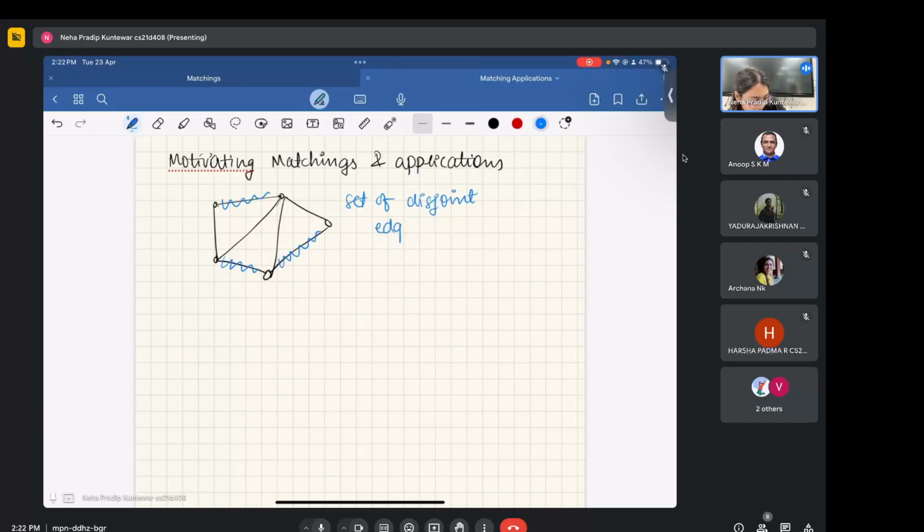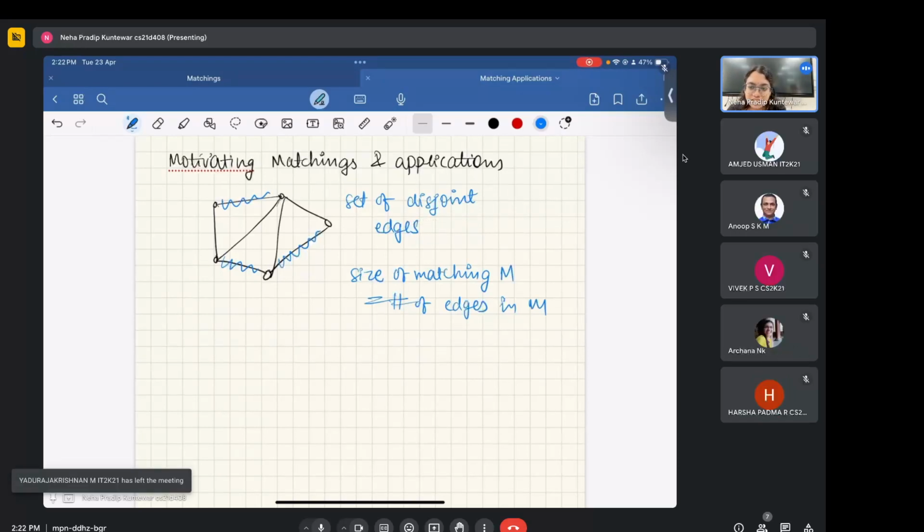edges. And yeah, we define what is the size of a matching. So the size of a matching is basically the number of edges. Okay, so just as an example, in this case, what is the maximum size of a matching that you can find?